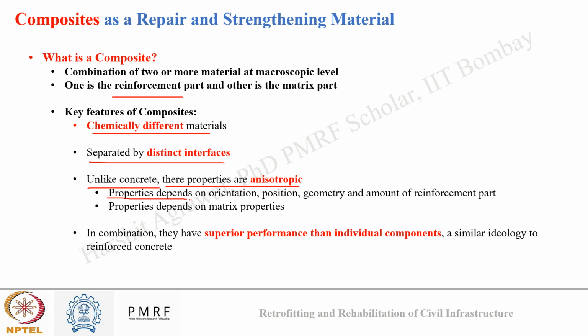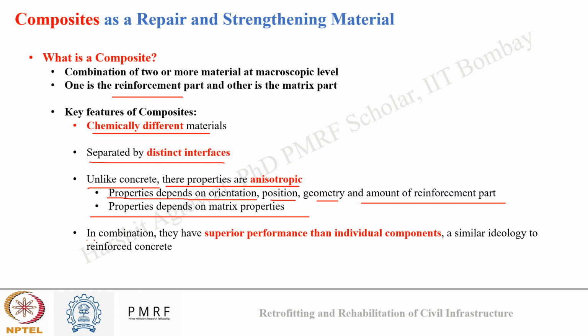Properties depend upon the orientation, position, geometry, and amount of reinforcement part, and also upon the matrix properties. In concrete, we say it is a homogeneous, isotropic material, so in all directions the properties are the same. But a composite is an anisotropic material, and properties can vary in different directions.